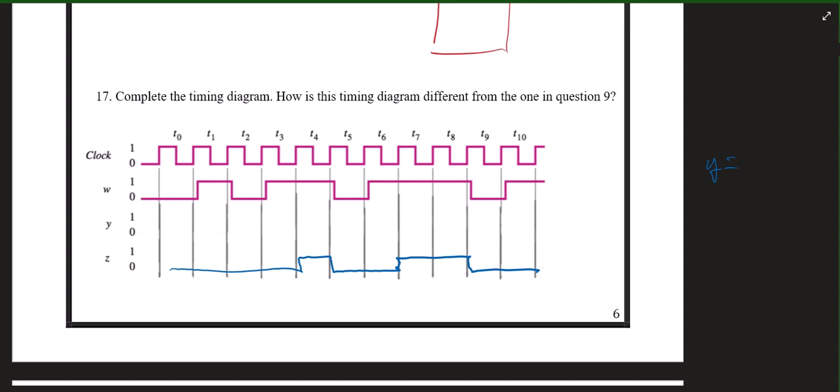So it's going to be what was in the flip-flop ready to go, and then it will be one clock cycle behind, unlike the Z output. So Y is going to be W, but it's going to be just lagging by 1 clock cycle.